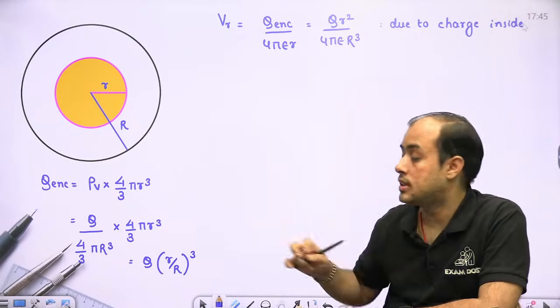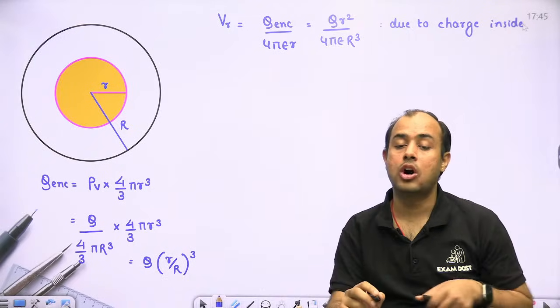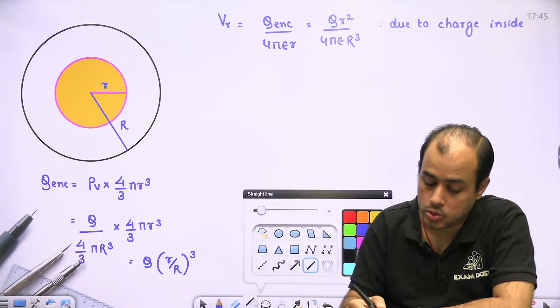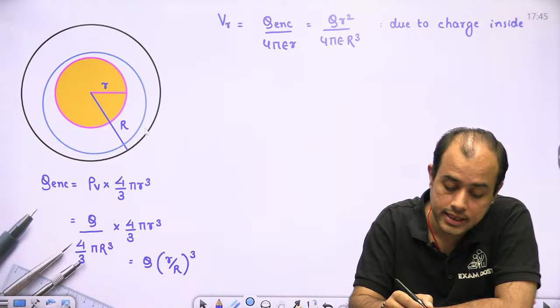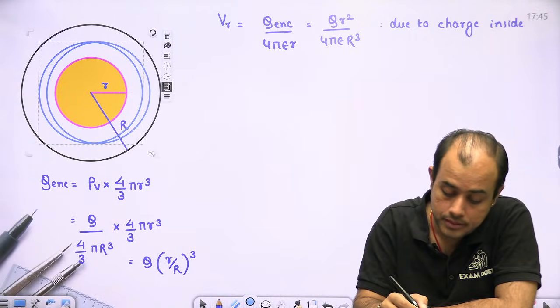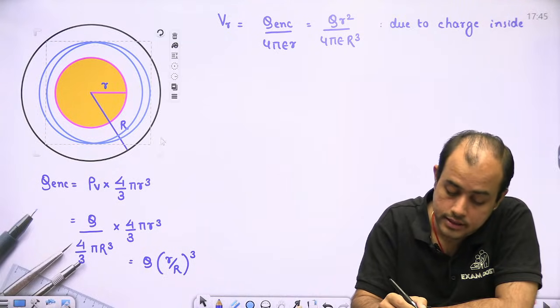Now what about the charges that are outside the sphere? Yes, they do not contribute to the electric field, but they will contribute to the potential. माना वो इलेक्ट्रिक फील्ड में कोई योगदान नहीं देते बेटा, लेकिन वो पोटेंशियल में देंगे. ठीक है, why?